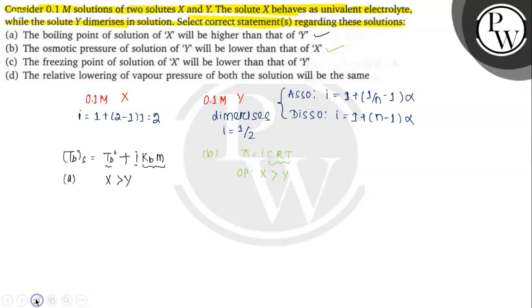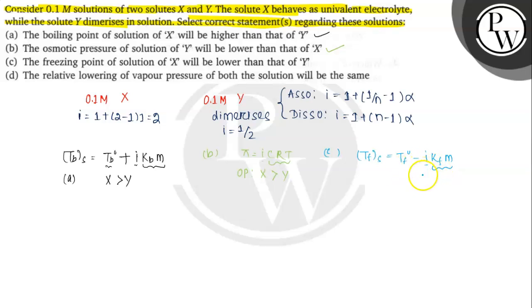Now come to statement C. Statement C says the freezing point of solution of X will be lower than that of Y. The freezing point of solution is equal to freezing point of water minus i into Kf into molality. This term remains constant and it only depends upon i. If this term gets more, then the freezing point of solution decreases because we subtract it from the freezing point of water.